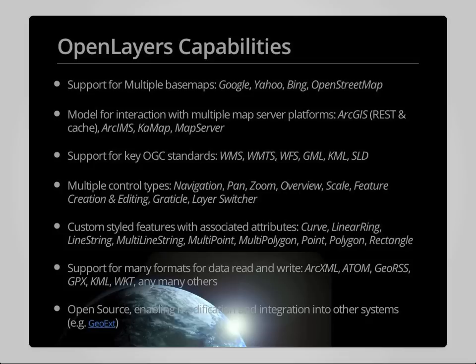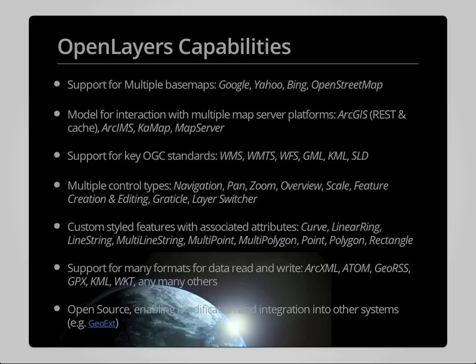GPX, or GPS export files, so that you can actually read or upload a GPX file and potentially use it to create a set of geometries within your OpenLayers web mapping application, and likewise create, say, a linear feature within OpenLayers and export it as a GPX file that you might then transfer to a GPS unit for work in the field.